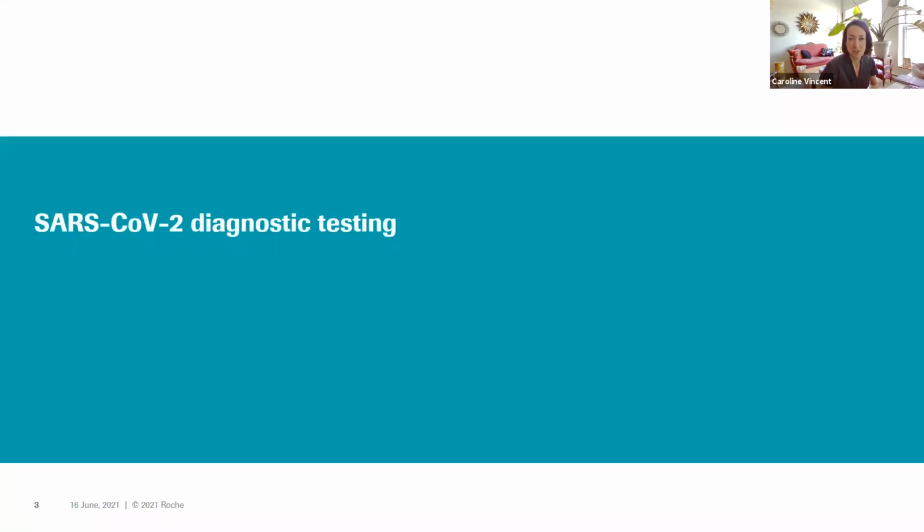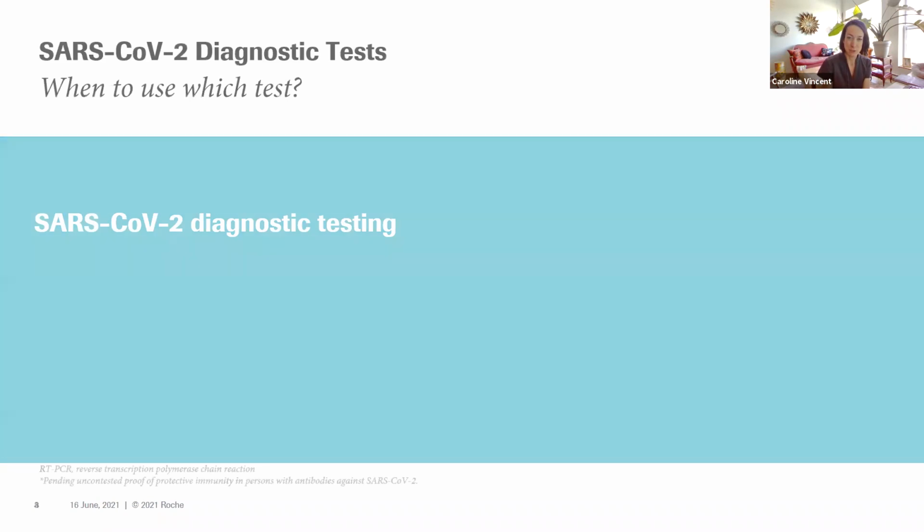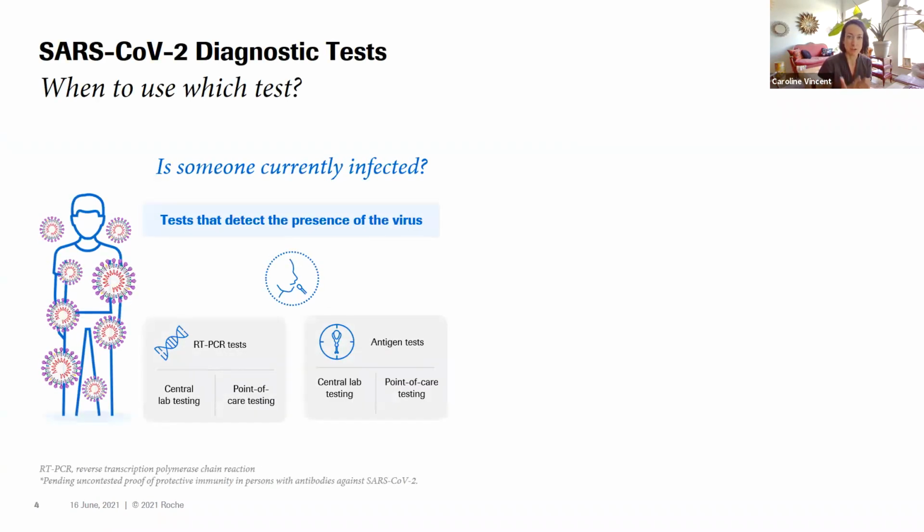So let's start with a more general introduction about diagnostic testing for SARS-CoV-2. There are two main categories of tests for SARS-CoV-2 that you are probably aware of. First, we have the tests that detect the presence of the virus. These tests will use an upper respiratory sample because the virus is present in the respiratory tract.